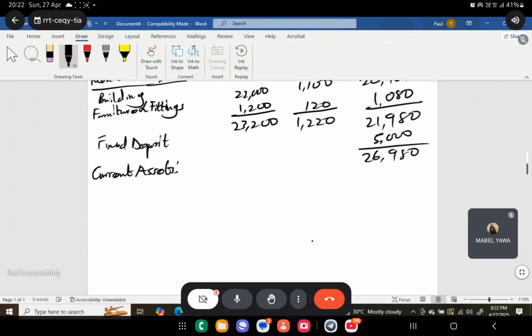For current assets, you go through the additional information.